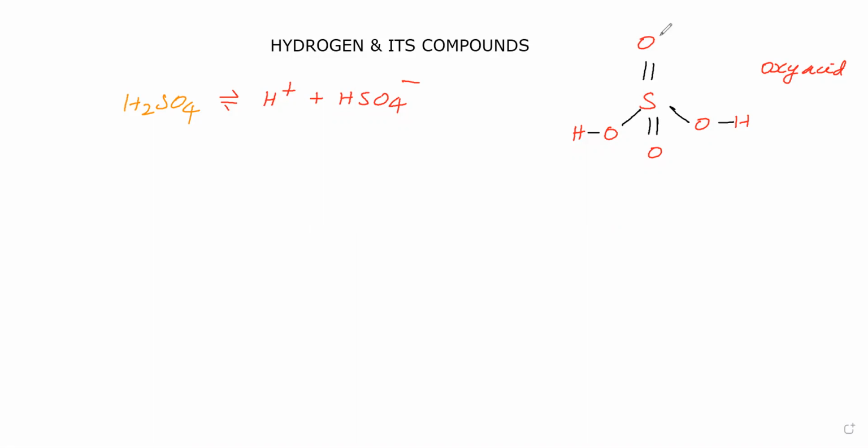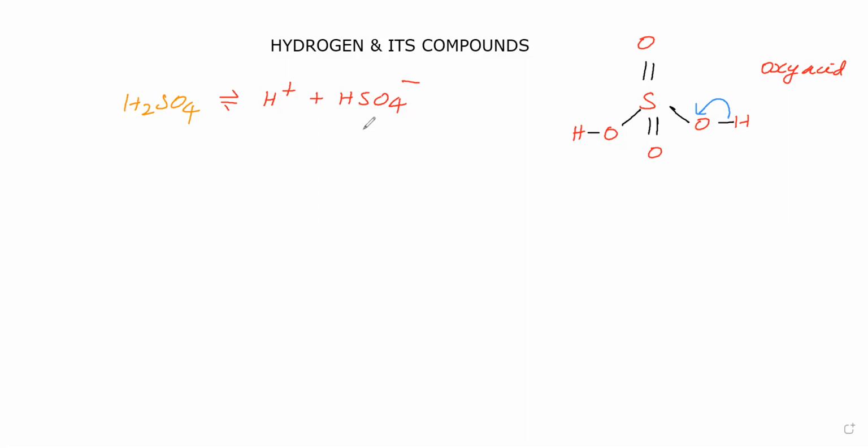Next, in this sulfuric acid, this bond is migrating. Therefore, this becomes O minus, this becomes H plus. It is called ionization. So sulfuric acid on ionization gives H plus and HSO4 minus.